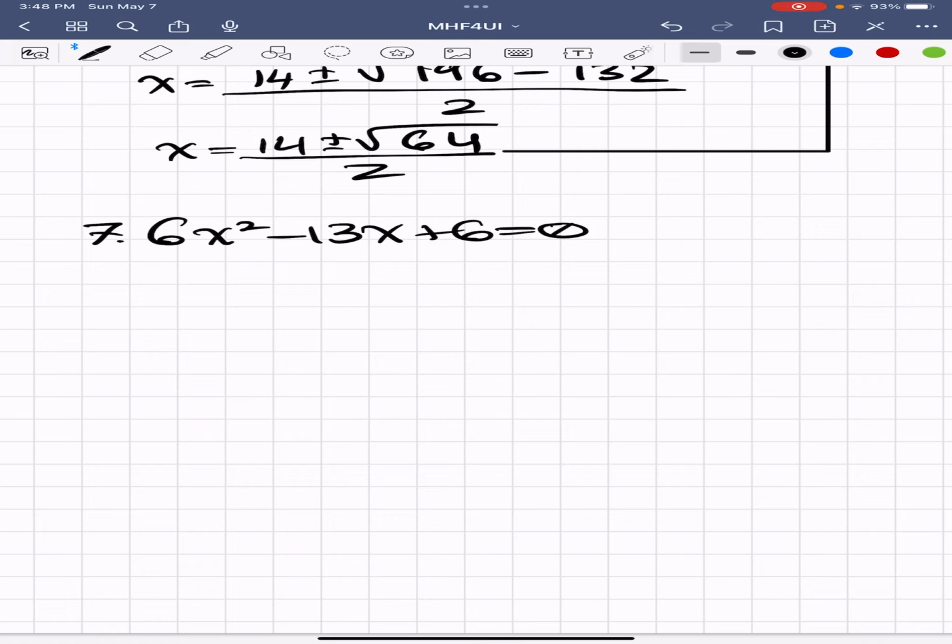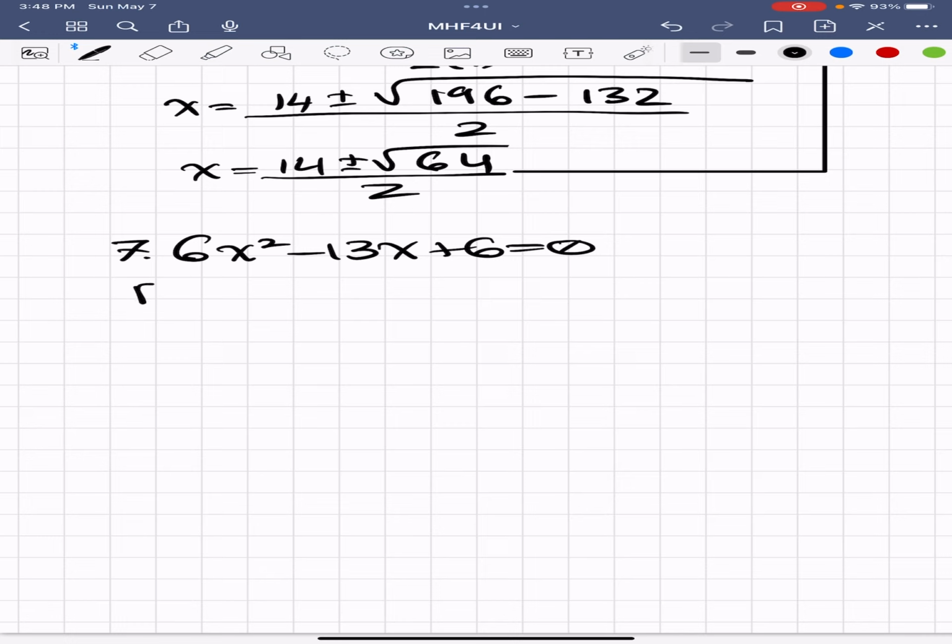So this one, let's calculate the discriminant first. So the discriminant.